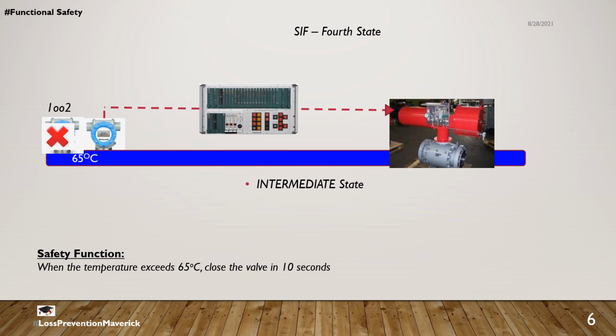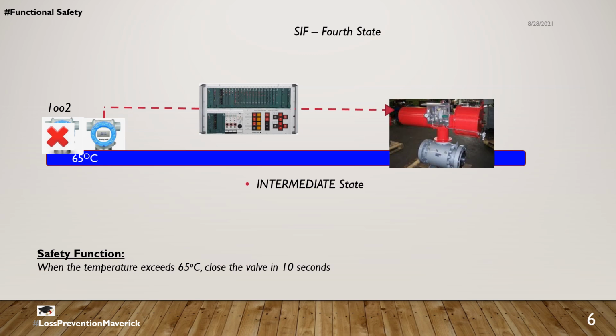So how is the intermediate state different from the safe state? Well, if I can jog your memory, in both the safe state and the intermediate state, the safety function has been executed.